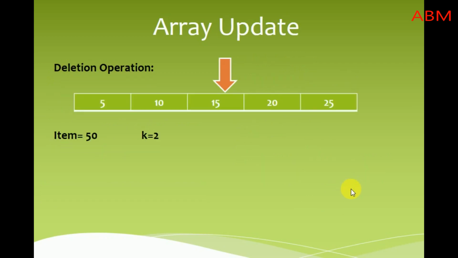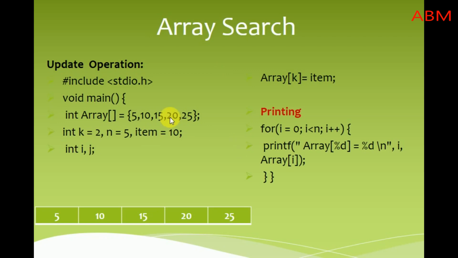The next one is update. We don't need to run a loop to traverse or search for the atom. We have to simply update the value. So how will this be updated? Let's check the program. Here you can see that the same array is here. Here k is equal to 2 because I'm going to change this one, and it shows the total elements in the array, the total indexes of the array, and atom is equal to 10, meaning that we are going to place 10 at array 2.